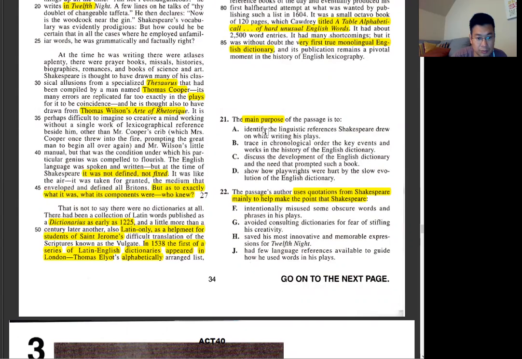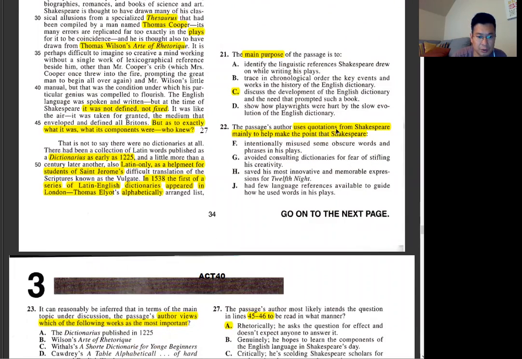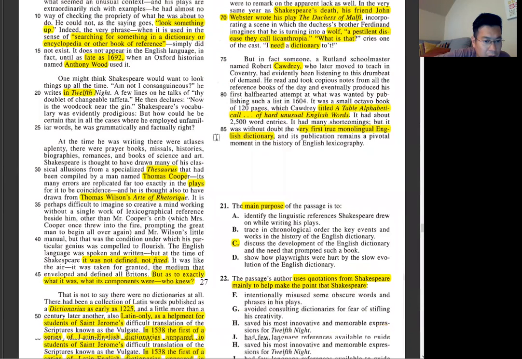The purpose is showing that in a history of a dictionary, we discuss the development of English dictionaries and the need to prompt such a book. Yeah. And 22, in the passage the author used quotation from Shakespeare mainly to help make a point about Shakespeare. It says something about it right here.